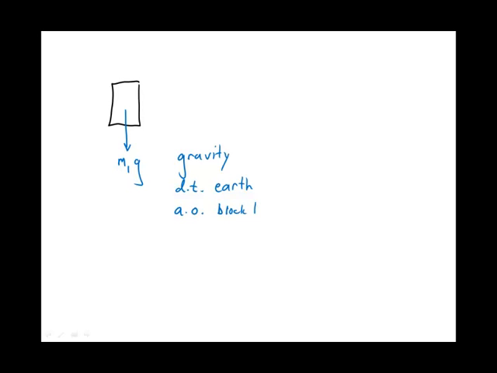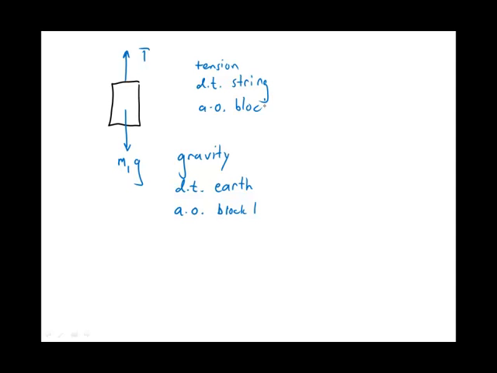So this is a force diagram for block 1, and there's the gravitational force due to the Earth acting on block 1. The other force is tension T, and that's a tension, and it's due to the string, or due to the rope. I'll say it's a string. It's due to the string acting on block 1.